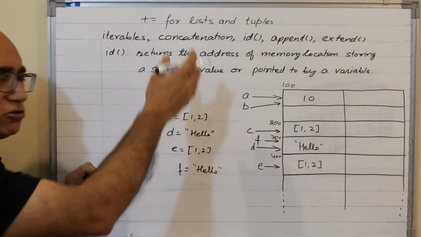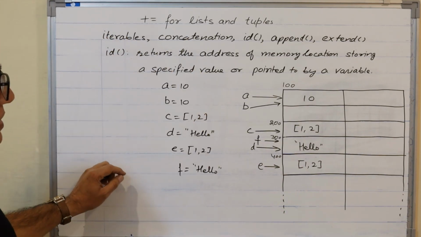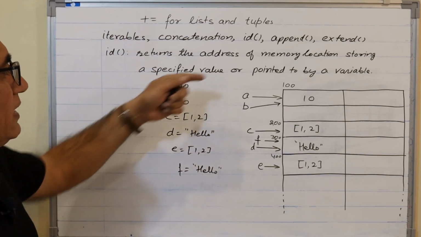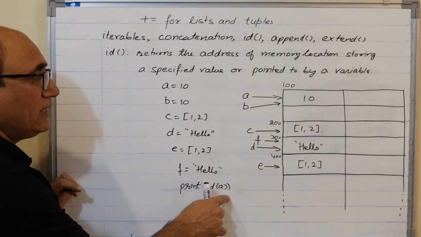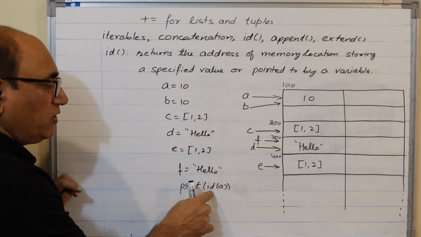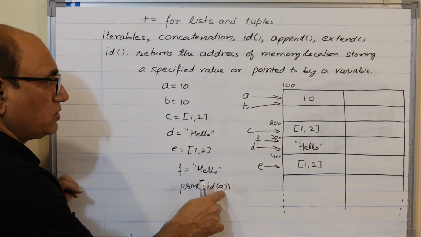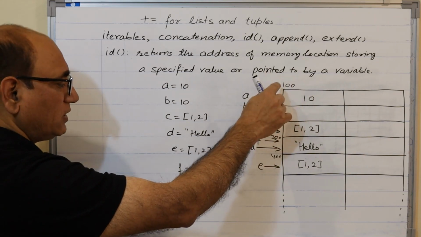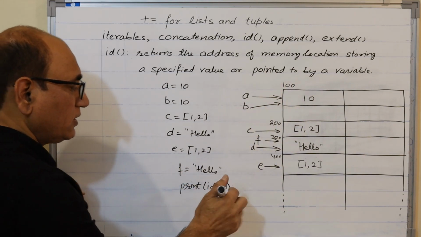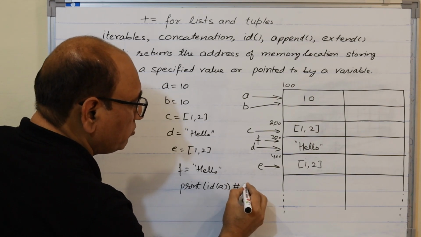Of course, these are not so simple values, but to understand this concept, let us assume that these are the values. Now if I say print id A, the id function will check where this value is stored. A is pointing to value 10 which is stored at memory location 100. So it will return the value 100. So the output from this statement will be 100.